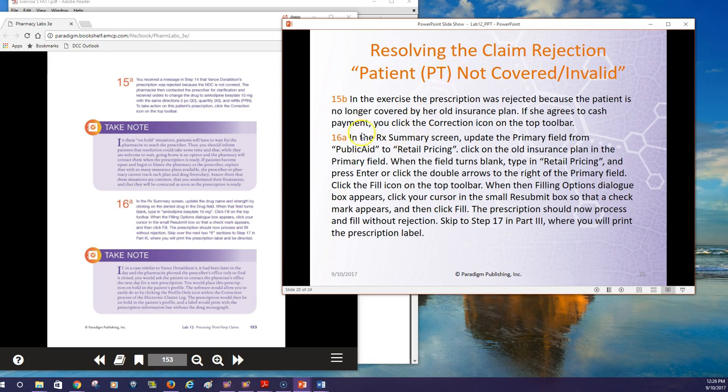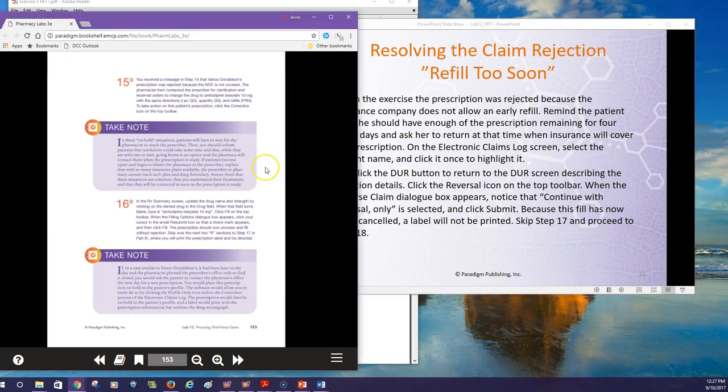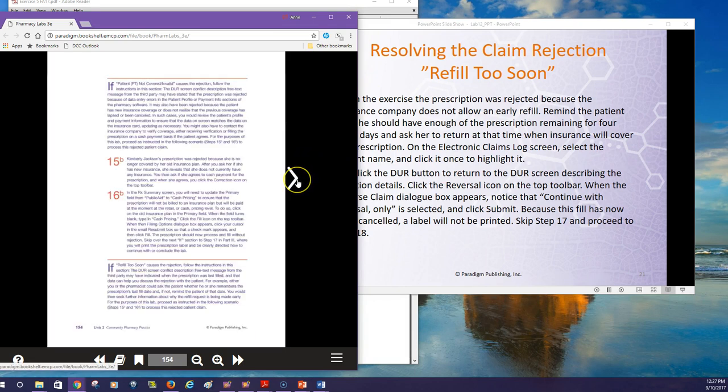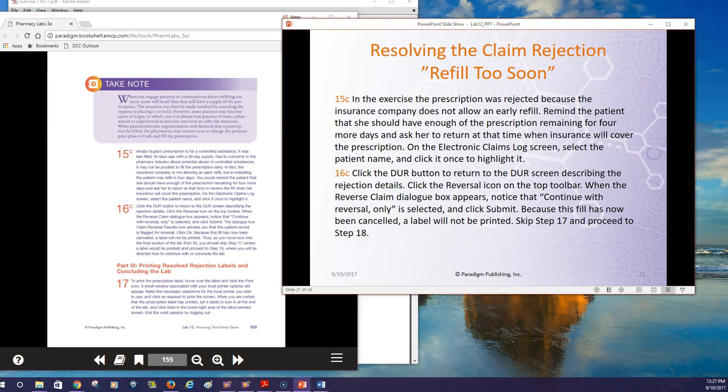Or no, 16A. I guess they've not just initialed them Bs. It gives you things like if it's an on-hold situation, or some of them learn from your previous. I get what they're doing: 15A, 16A, then 15B, 16B, 15C, 16C. So the process is as you're going through them.